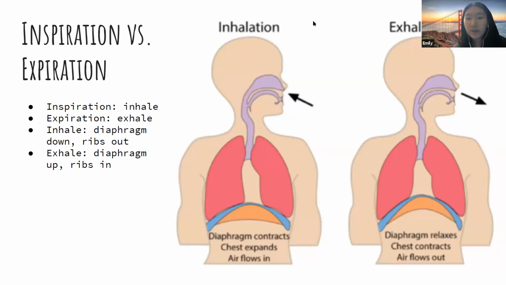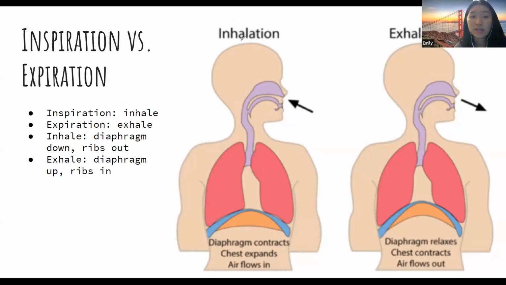All right, so before we get into the alveoli, a little bit about how breathing actually works. We've talked about the pathway that air takes when it's trying to get into your lungs, but how does this actually happen? Obviously, breathing doesn't just happen if you're not moving anything.